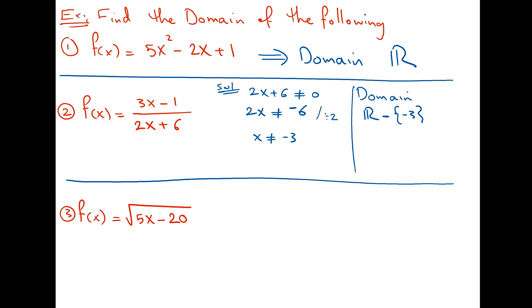We can write it like this, or as intervals: from minus infinity to minus 3, union from minus 3 to infinity. Here R means from negative infinity to infinity. Okay.